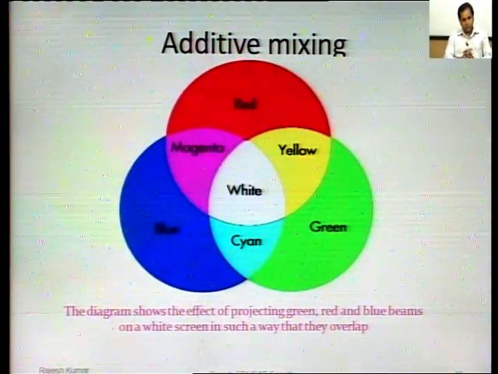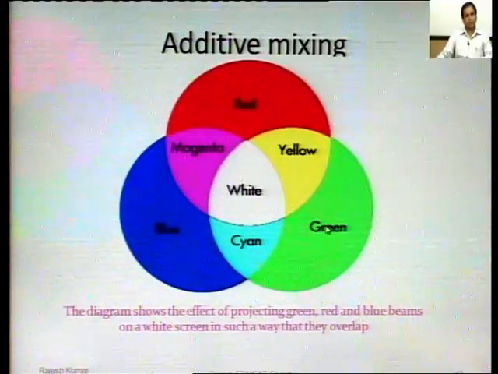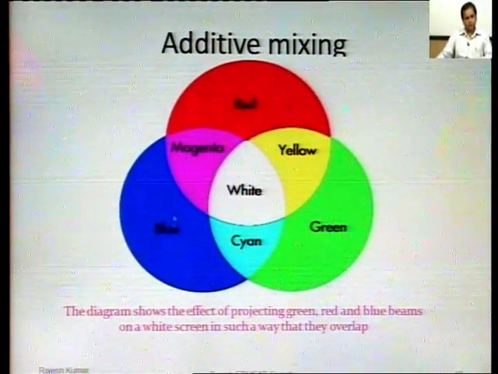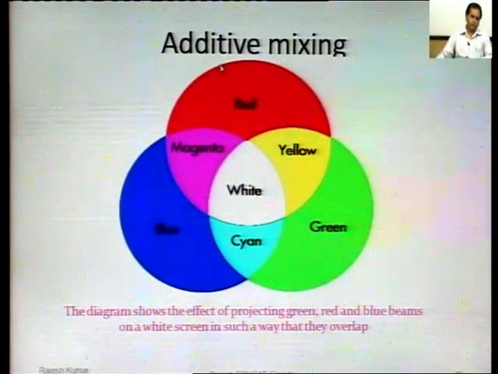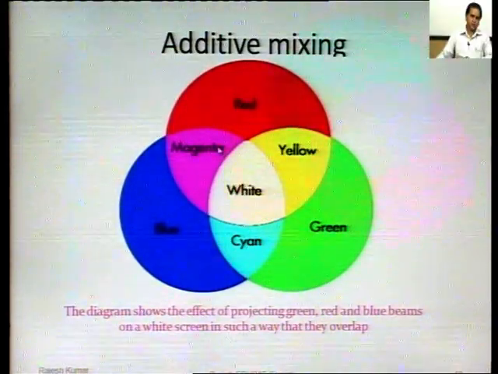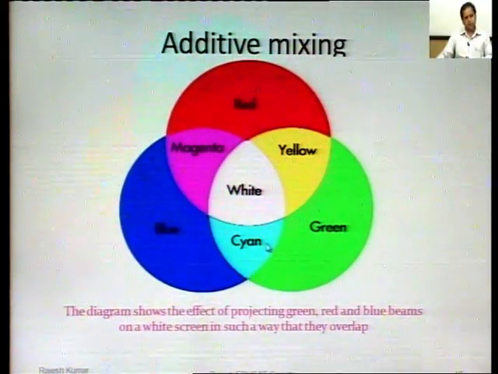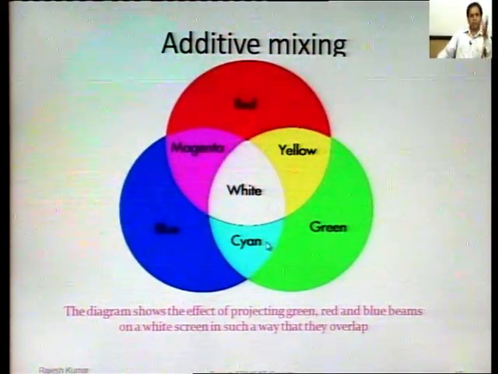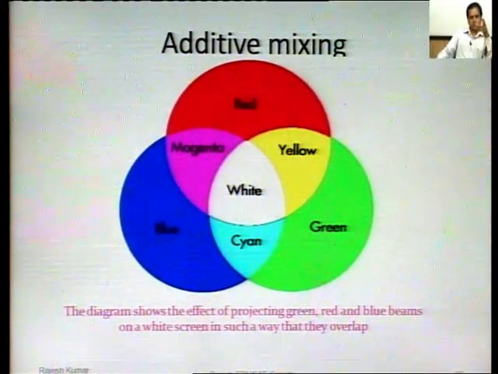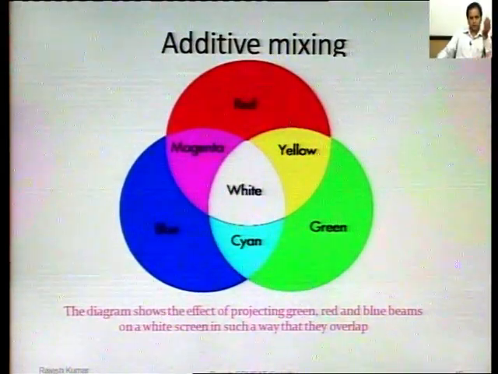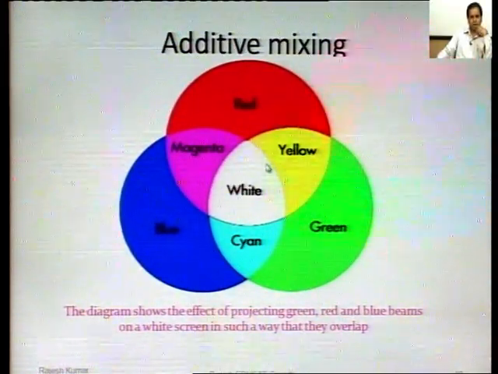This is more clear in this picture. These are the three colors: red, blue, green. If green and red are mixed, it becomes yellow. If red and blue are mixed, it becomes magenta, and if blue and green are mixed, it becomes cyan. These are examples of additive mixing: if we mix colors, the resultant color will be different, depending upon the proportion in which they are mixed.